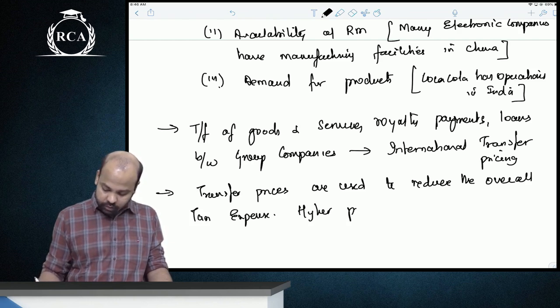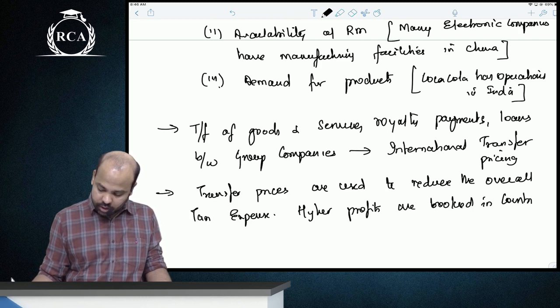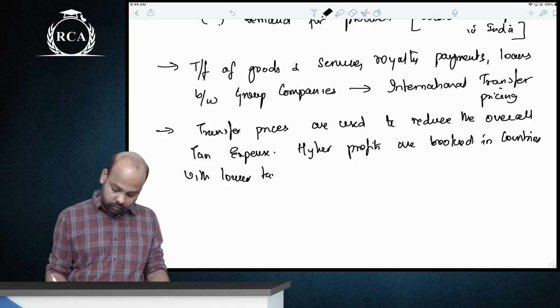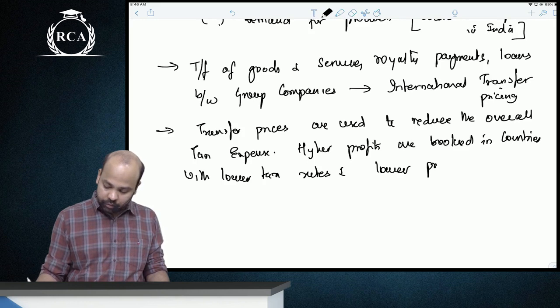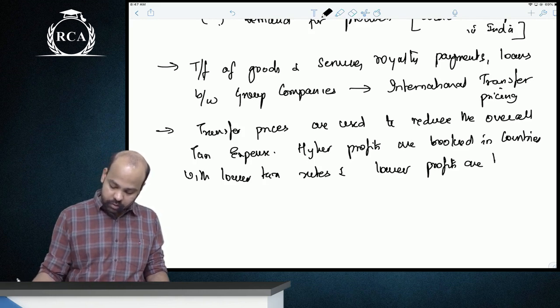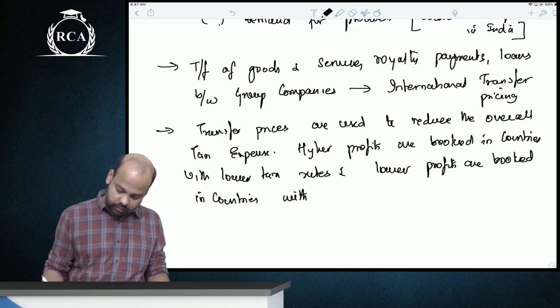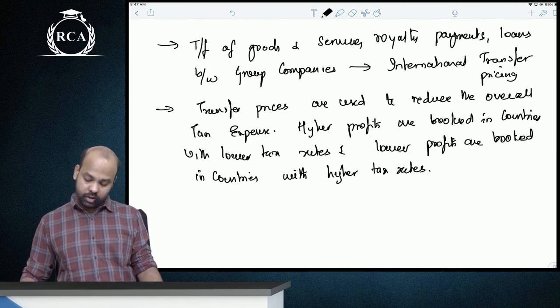Higher profits are booked in countries with lower tax rates, and lower profits are booked in countries with higher tax rates. Understood?